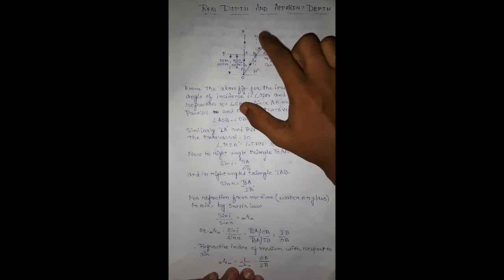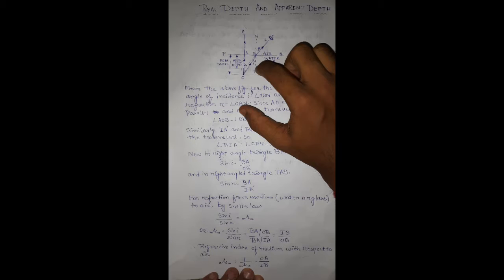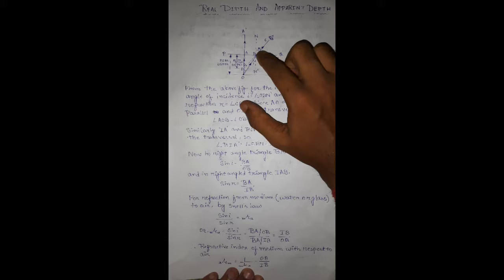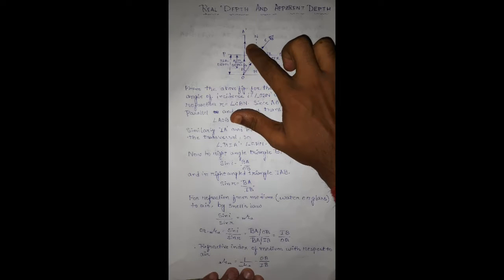N dash is a normal. The angle between the incident ray and the normal is called the incident angle, and the angle between the refracted ray and the normal is called the angle of refraction. Correct? And this is a perpendicular ray that is undeviated.